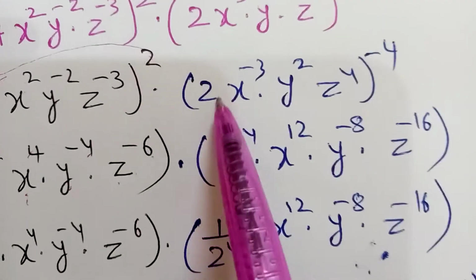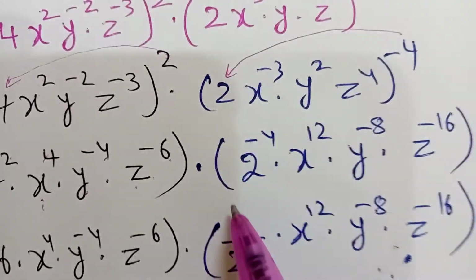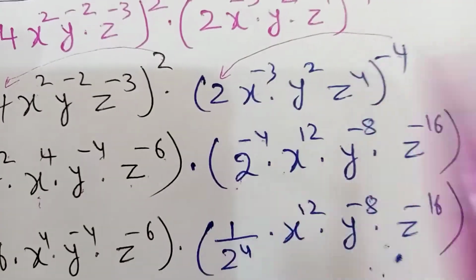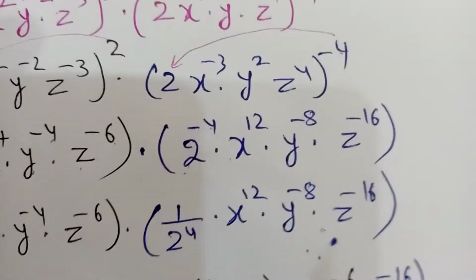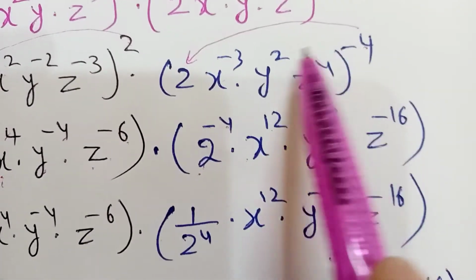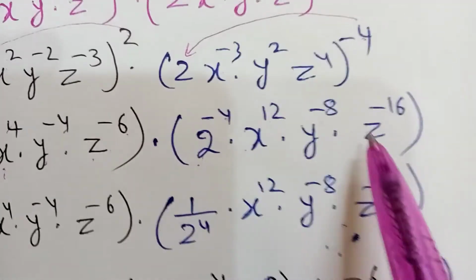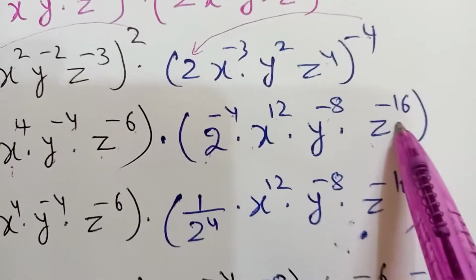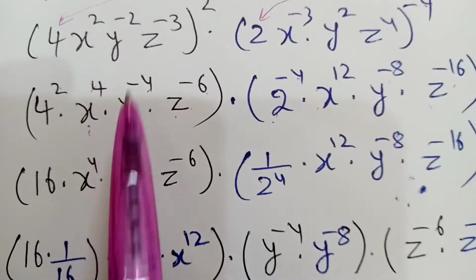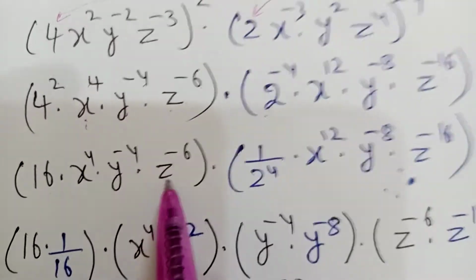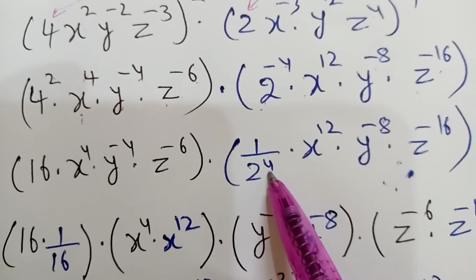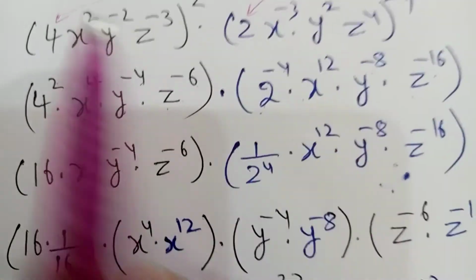Next, bring it here, 2 to the power of minus 4, x as it is, minus 4 into minus 3, plus 12, y as it is, minus 2 into, minus 4 into 2, minus 8, z as it is, minus 4 into 4, minus 16. 4 square 16, x4 as it is, y power of minus 4, z power of minus 6. 2 to the power of minus 4, 1 by 2 to the power of plus 4. As it is, this as it is, and this as it is.